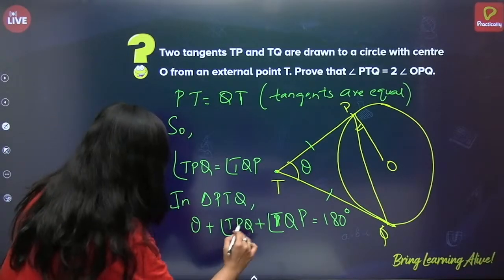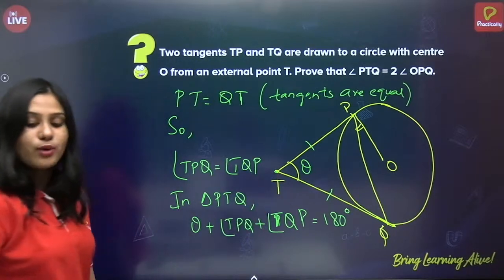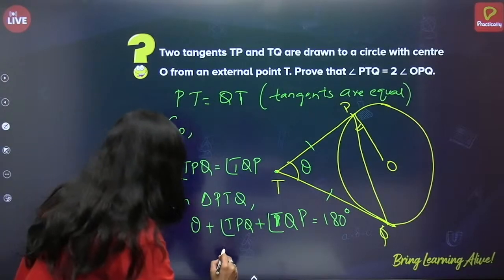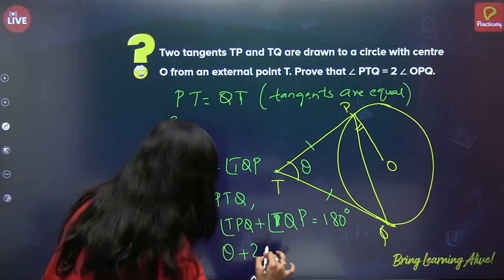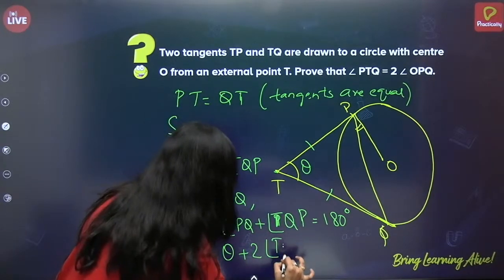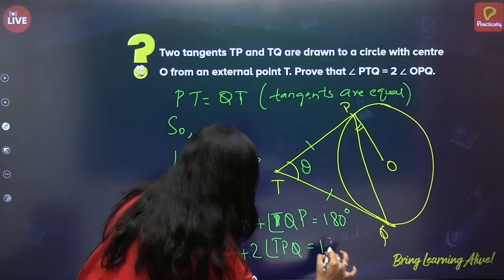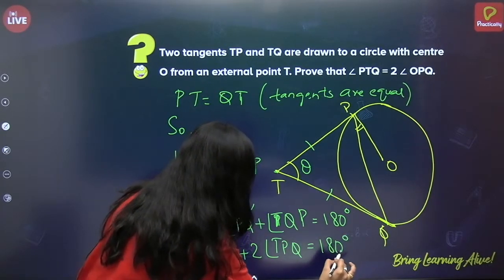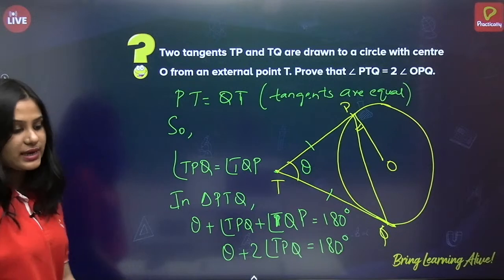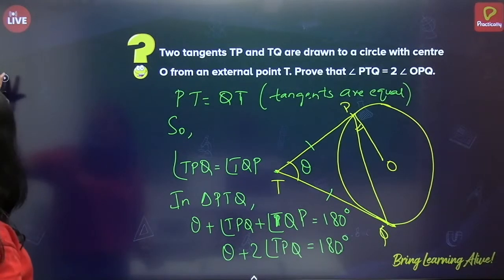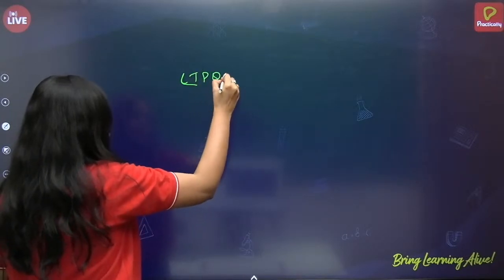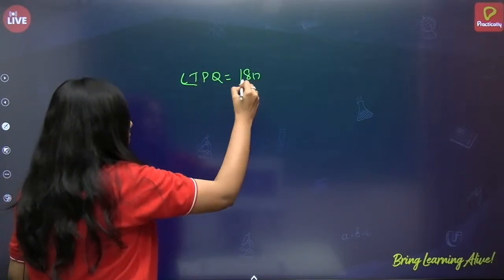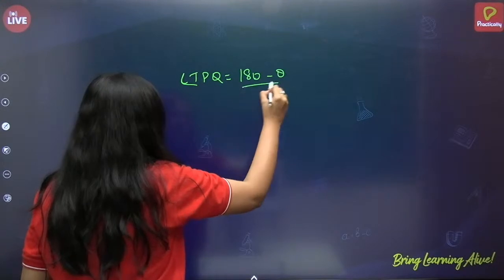Next, but these two angles are equal from equation 1. So can I write this as theta plus 2 times of angle TPQ is equal to 180 degrees. Correct? Of course I can write. Now, angle TPQ is equals to 180 minus theta by 2.